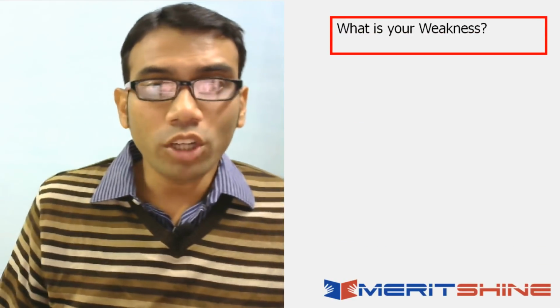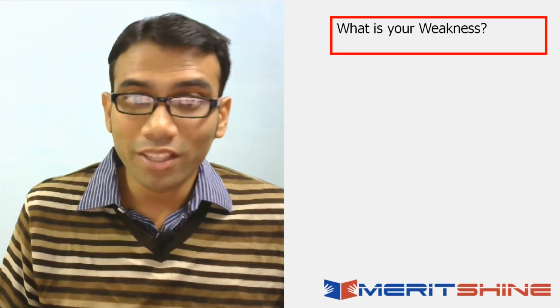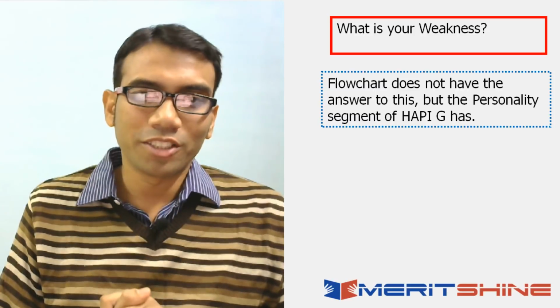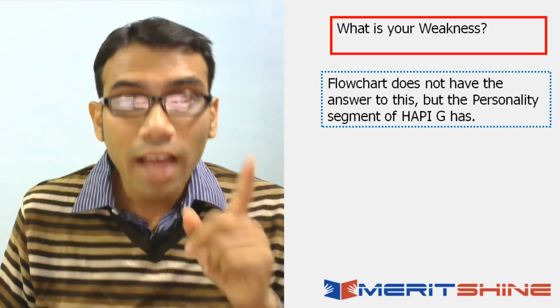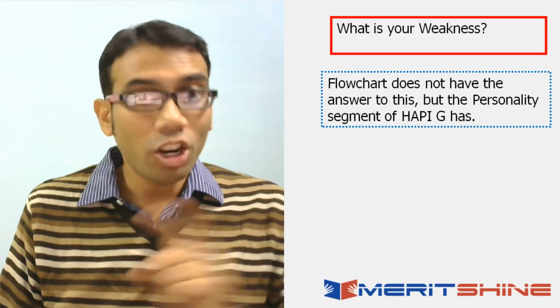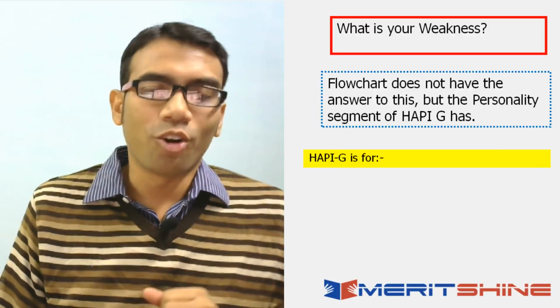Now, what is your weakness? I said there are some that would not be covered. This flowchart does not have an answer to this. Who has? The HAPI-G activity. The HAPI-G activity has the answer to this, not the flowchart. You see, what is HAPI-G for?